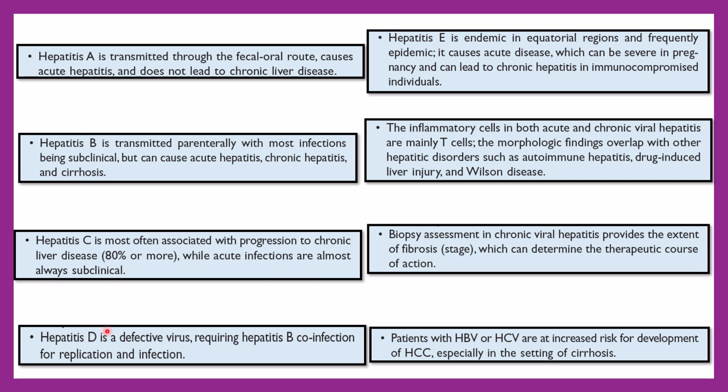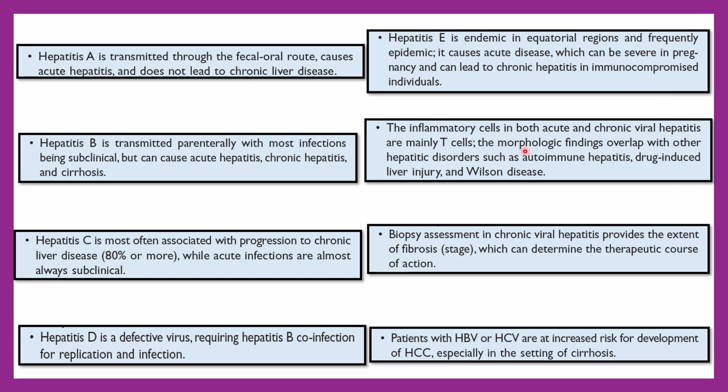Hepatitis D virus is a defective virus. It requires hepatitis B co-infection for replication and infection. The hepatitis E virus can cause acute viral disease, but it could be severe in pregnancy, and a few cases could lead to chronic hepatitis in immunocompromised individuals.